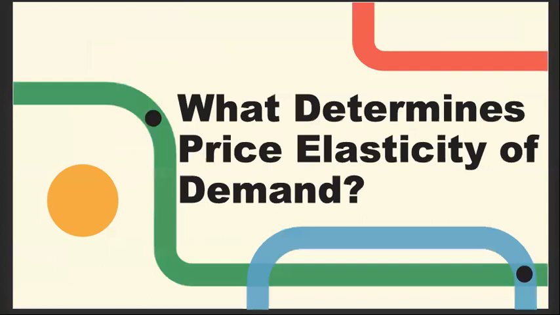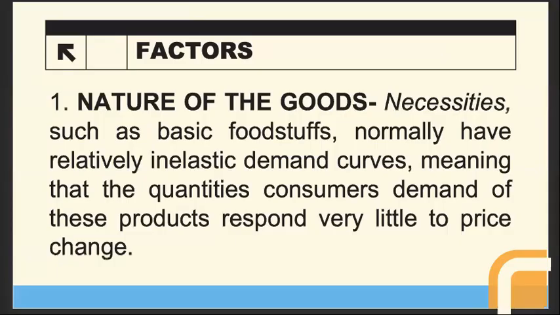Now, let's talk about the determinants of price elasticity of demand. First, we have the nature of goods. Necessities such as basic foodstuffs normally have relatively inelastic demand curves, meaning that the quantities consumers demand of these products respond very little to price change.